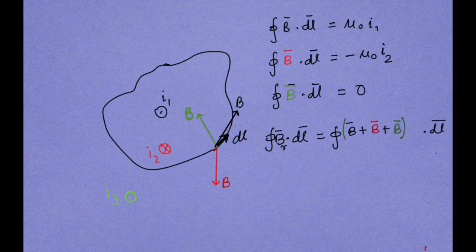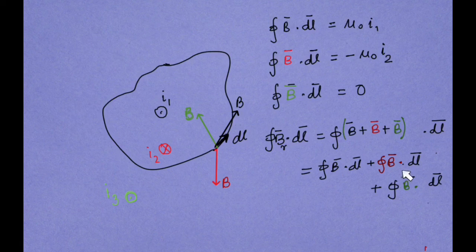Then we can separate these integrals, and we have seen that the integral of black B dot dl is mu naught I1, the integral of red B dot dl is mu naught I2 with a minus sign, and the integral of green B dot dl, caused by I3, is 0. So this results in mu naught (I1 minus I2). This is what we have in Ampere's law. So only inside going currents come into this expression.